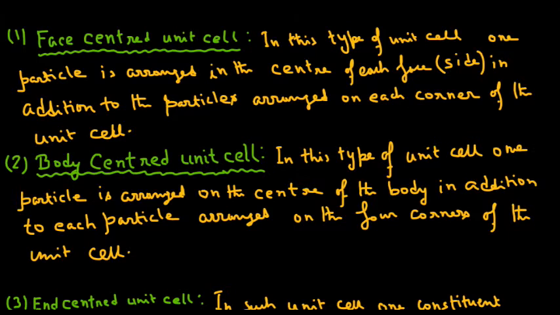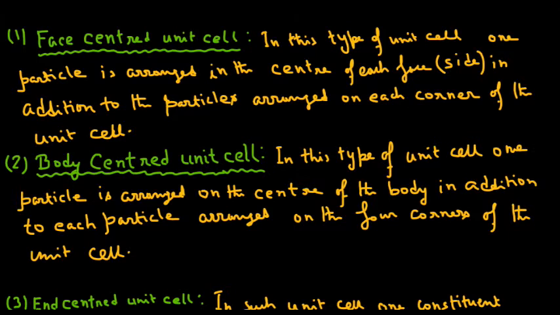Centered unit cell can be of three types. First, face-centered unit cell. Second, body-centered unit cell. Third, end-centered unit cell. Face-centered unit cell.